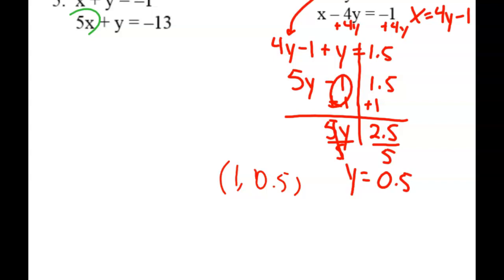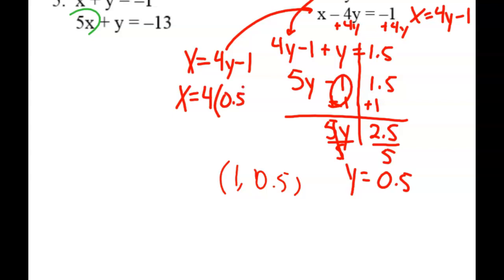So y is equal to 0.5. Okay? Are those the same? But we solved different equations. But I still get the same answer. Okay? So now, how am I going to find out what x is? X equals 4y minus 1 is my equation from over there, right? So x equals 4 times 0.5 minus 1. Do the math. What do you get?